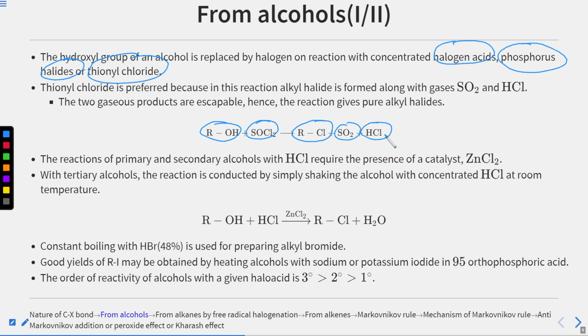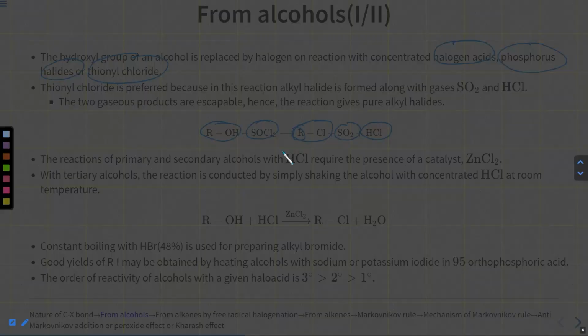This makes our purification easier because the RCl that is obtained can be solid or liquid depending upon the length of this R, but it will not be gas. It certainly will not be gas. So due to this reason, it can be purified easily. We do not need to do any further purification methodologies to extract our product. Therefore, it is the most efficient method in which we react this ROH with SOCl2.